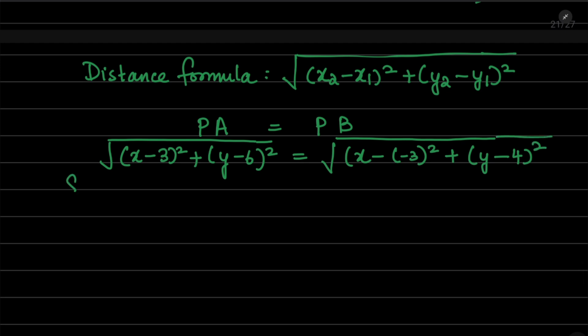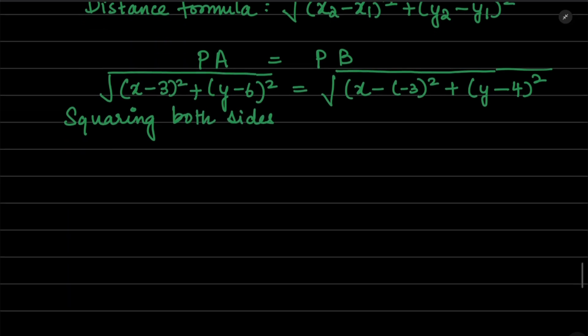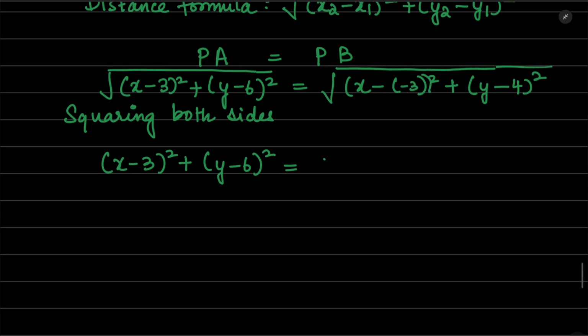Squaring both the sides because you have to remove the square root. Now you get x minus 3 the whole square plus y minus 6 the whole square is equal to, okay, so you have x minus of minus 3, which is nothing but x plus 3.